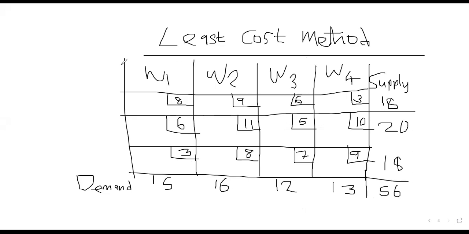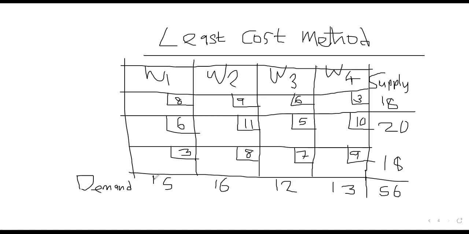So the smallest value here, using the least cost method, is a 3. And there are 2 of them, so we can start from anywhere.